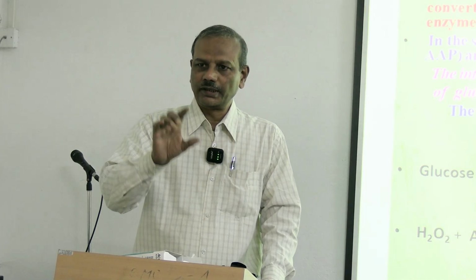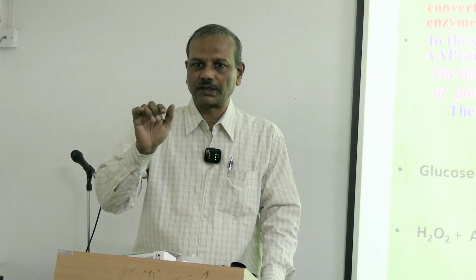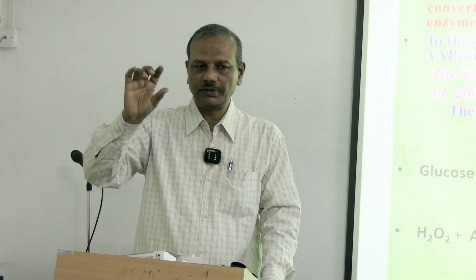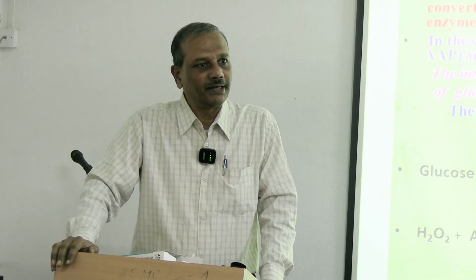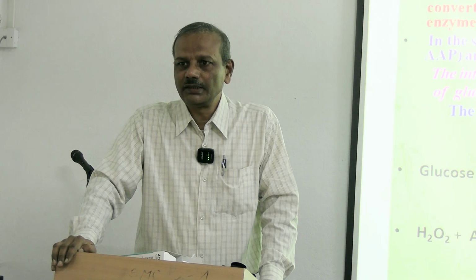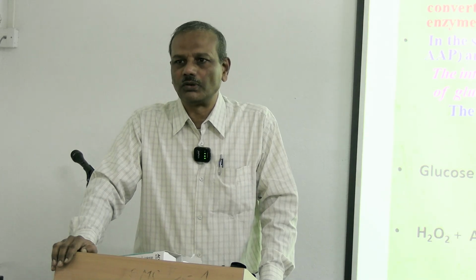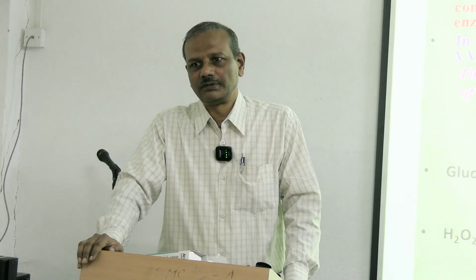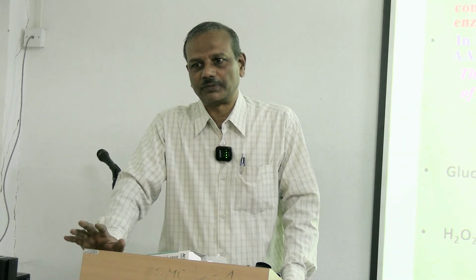On the bottom you will get the packed cells, which contain RBC, WBC and platelets, and on the top you will get the clear fluid, which is called plasma. If you use an anticoagulant, then there will be no coagulation, so blood will remain fluid. So you will get a fluid sample, the clear fluid, that is called plasma.